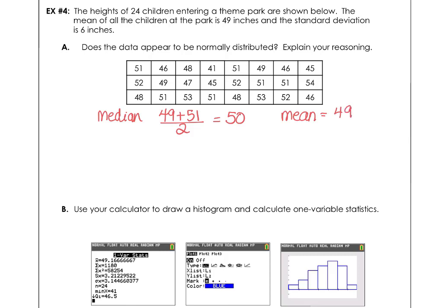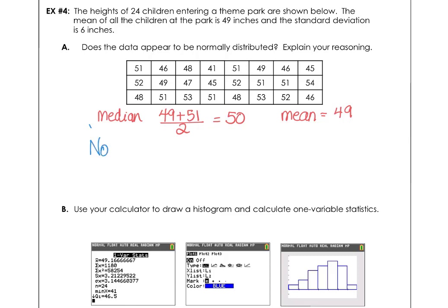I just don't want to spend time on the video doing that. So to answer our question, does the data appear to be normally distributed? I would have to say no, the data is skewed negatively, or to the left, because there are more values above 49 inches than below 49 inches.